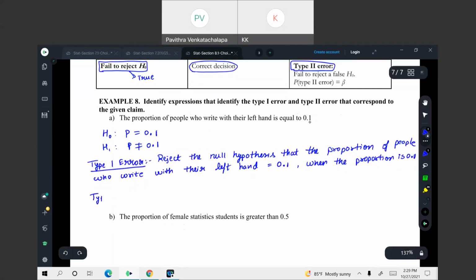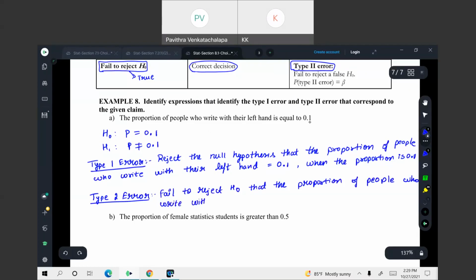Type 2 error, how do you write this? You will say fail to reject the null hypothesis, H naught. But what is the claim? The claim is that the proportion of people who write with the left hand is equal to 0.1.